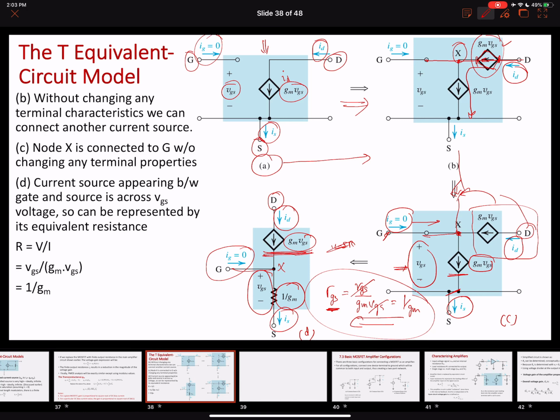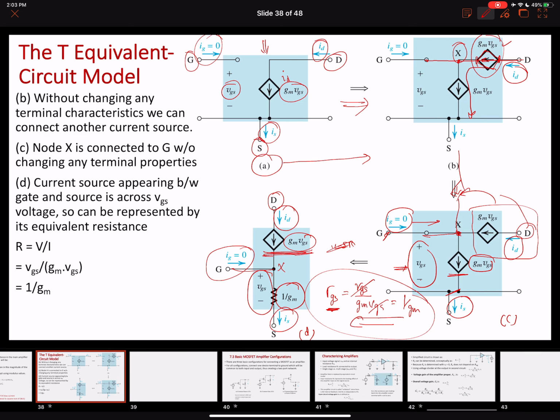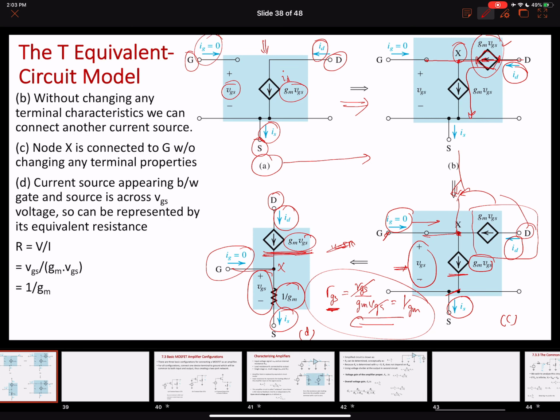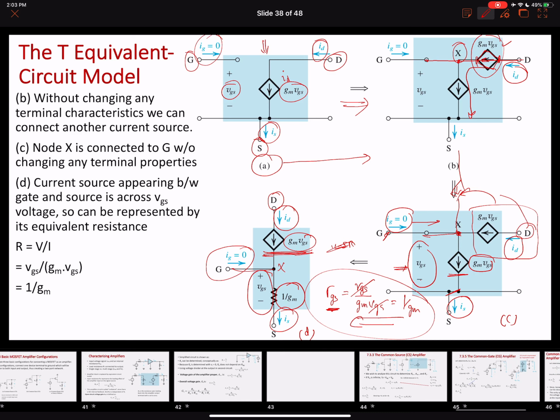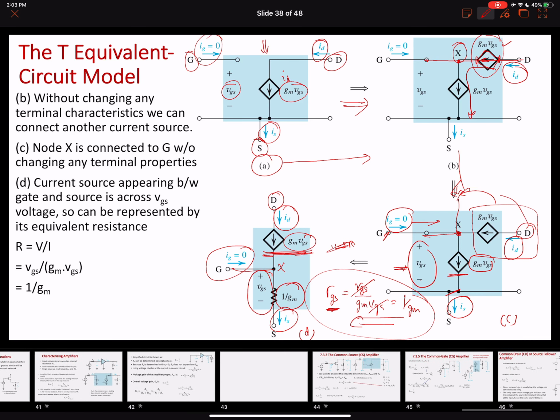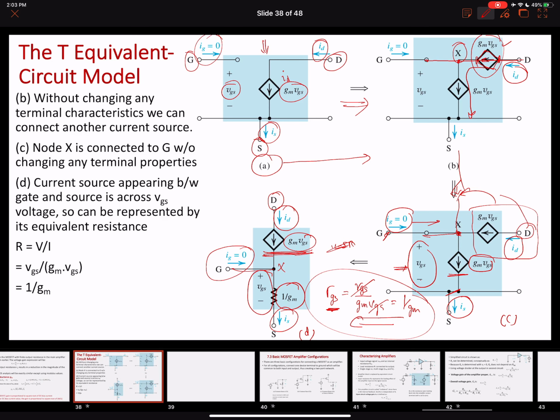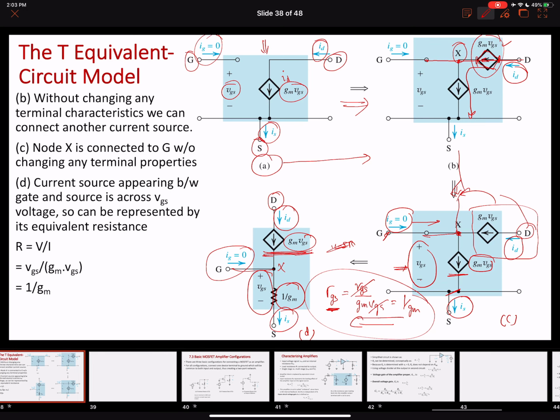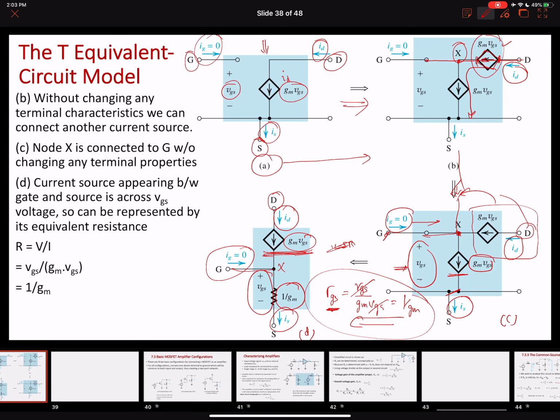So with that, we will wrap up our lecture today, and in the next lecture we are going to talk about different configurations of the MOSFET, which include the common source amplifier, common gate amplifier, and the common drain amplifier. We are going to discuss more details and how to find out the voltage gain values of those different amplifier configurations for the MOSFET.